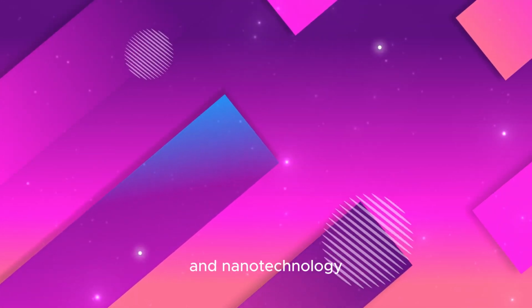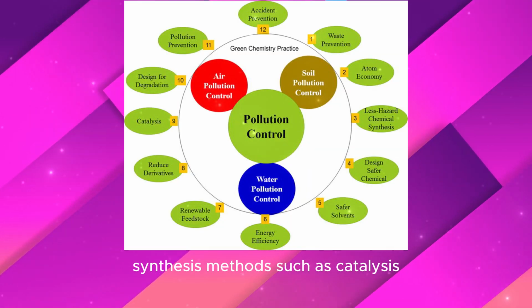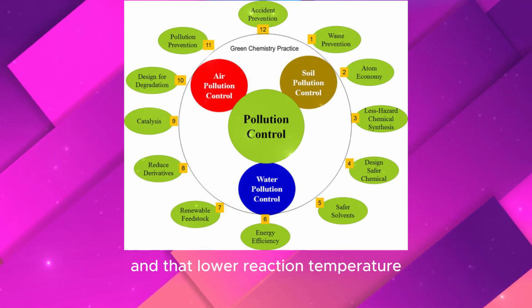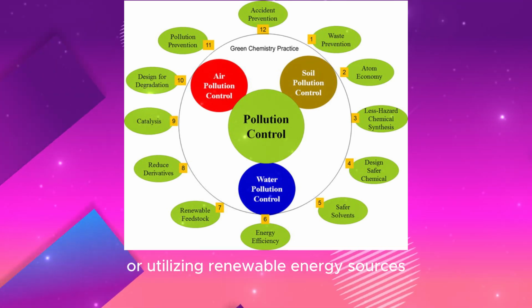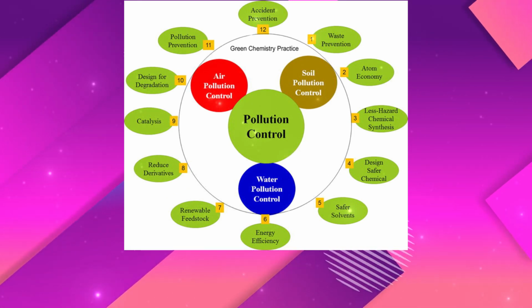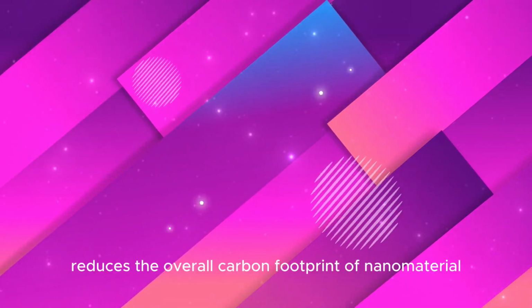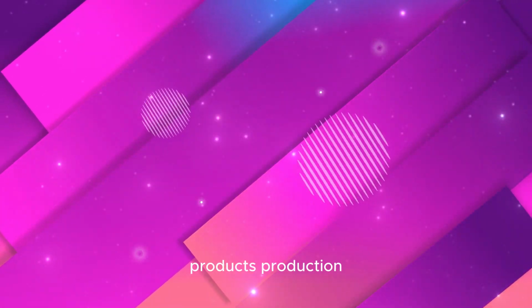In nanotechnology, this means developing energy-efficient synthesis methods, such as catalysis that lowers reaction temperature, or utilizing renewable energy sources. This approach not only saves resources but reduces the overall carbon footprint of nanomaterial production.